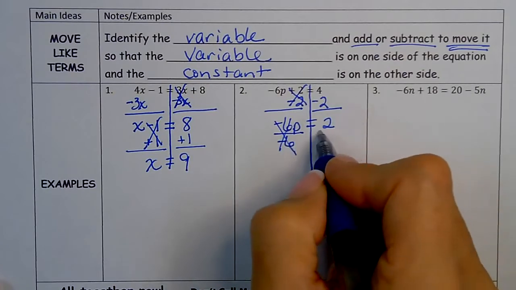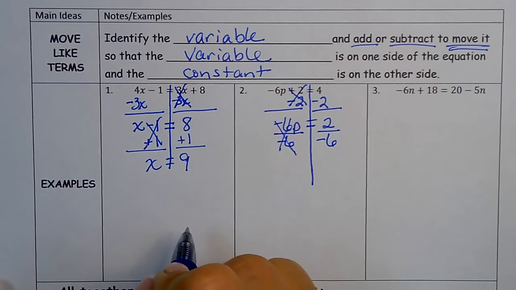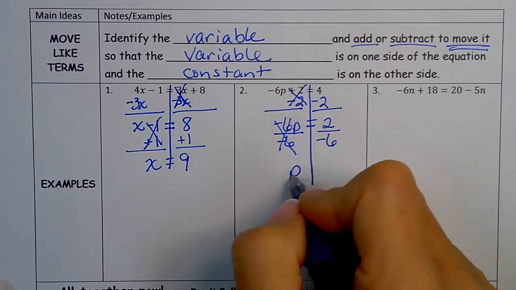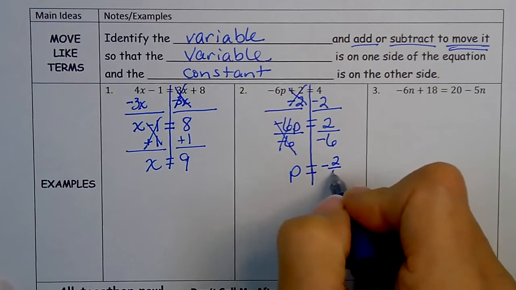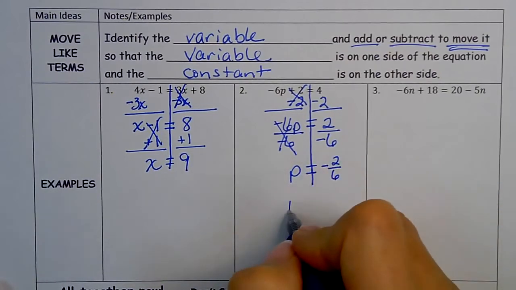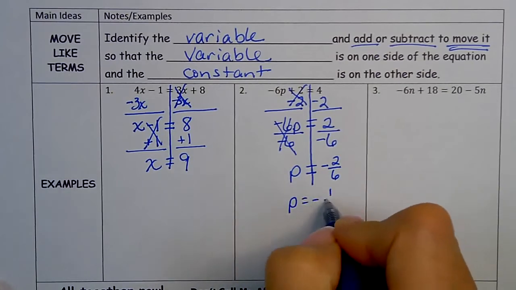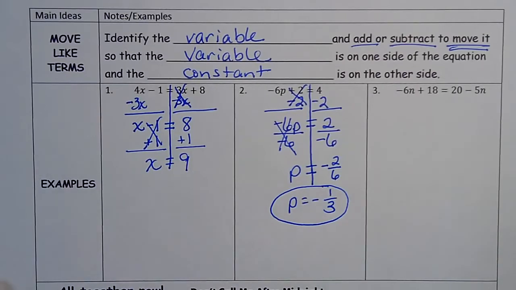Now, if I divide this side by -6, I also have to divide that side. So I have p equals -2/6. And I know I can simplify that fraction to 1/3. So -1/3 is the answer.